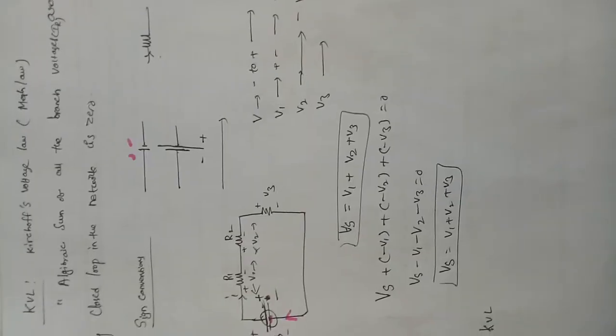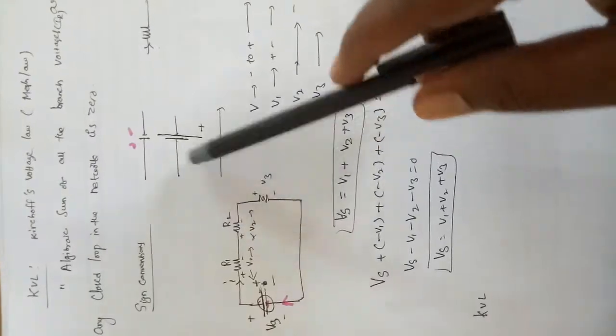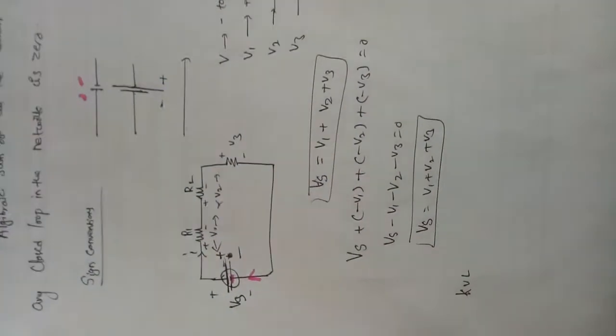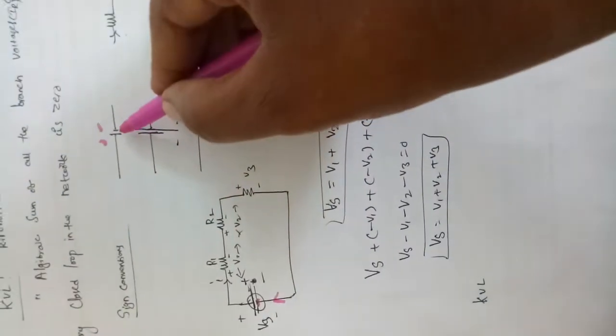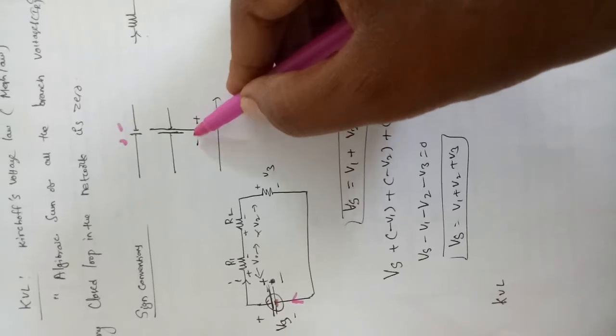The sign conventions for KVL or KCL are very important in both cases. If the potential is rising, assume it is plus; a fall in potential is minus.